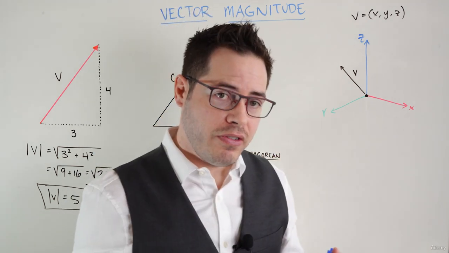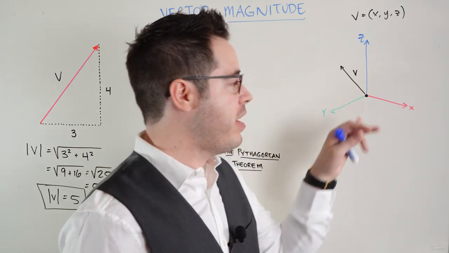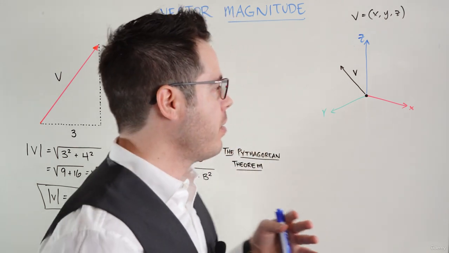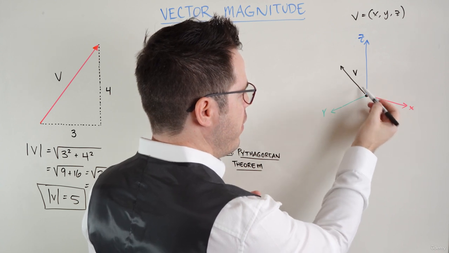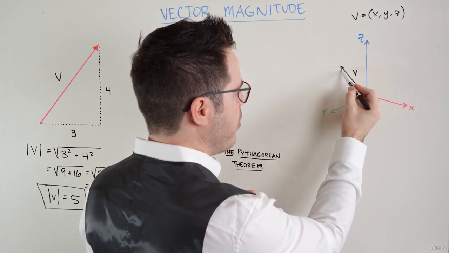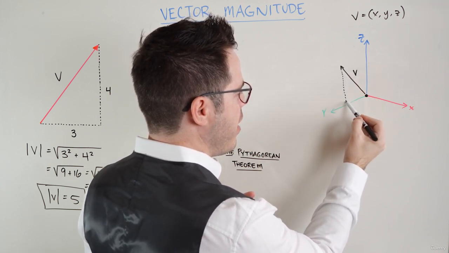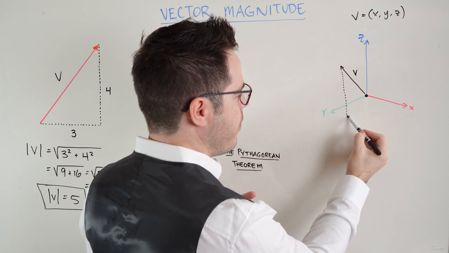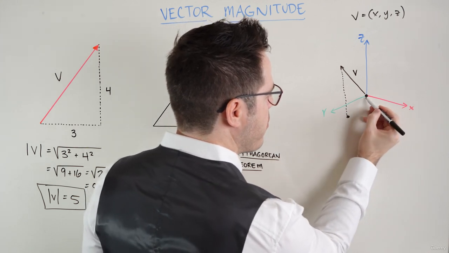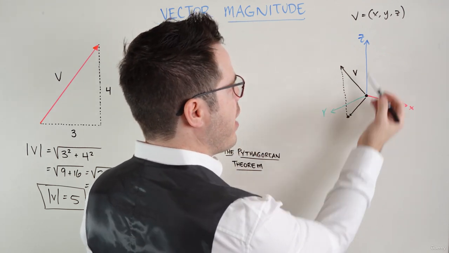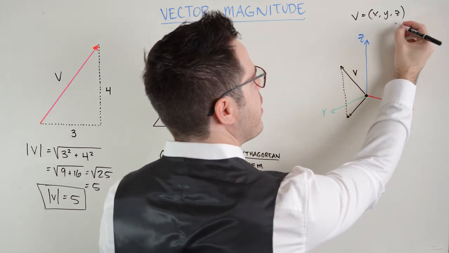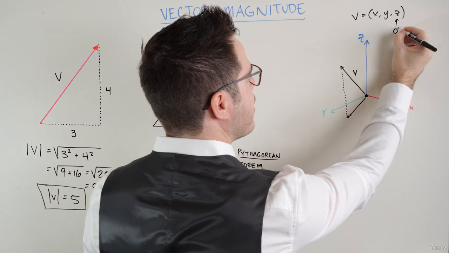Now, in order to prove to you that the Pythagorean theorem in 3 dimensions works, I'm going to reduce this to a 2-dimensional problem first. So the vector v, I'm going to take its tip and draw a line straight down in the z direction. And I'm going to draw a vector from the origin to that point. Now, this vector is the same as vector v if we were to take its z component and zero it out.